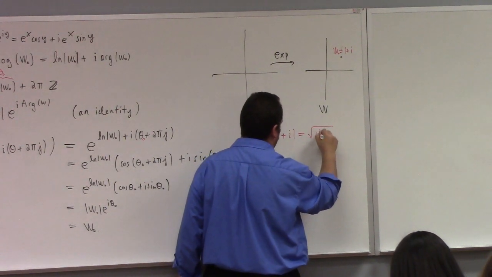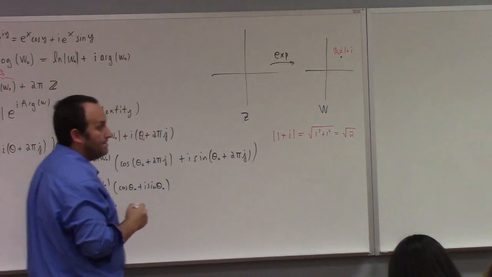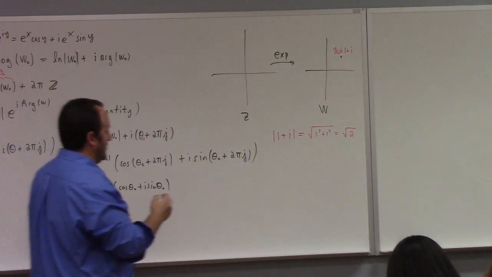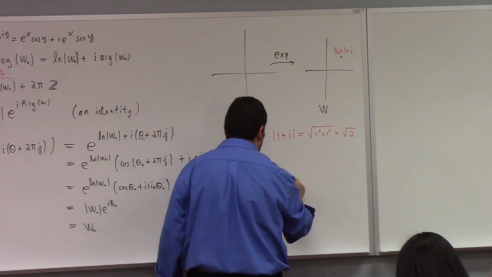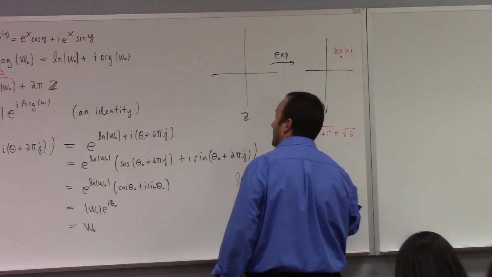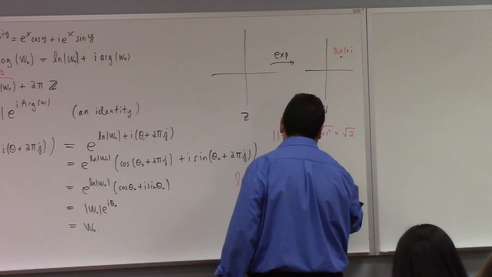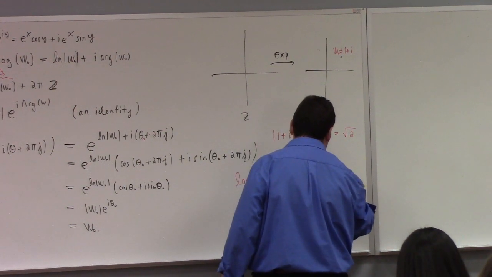Square root of 1 squared plus 1 squared, which is square root of 2, right? So in other words, little log of 1 plus i is natural log of the square root of 2 plus i times, and the angle there is 45 degrees, so pi over 4 plus 2 pi k.